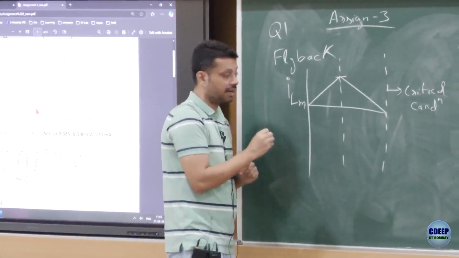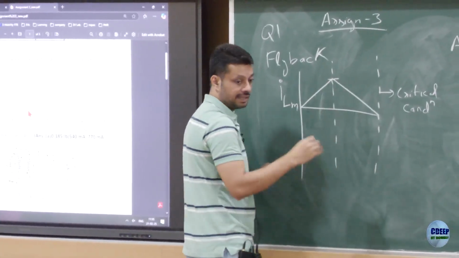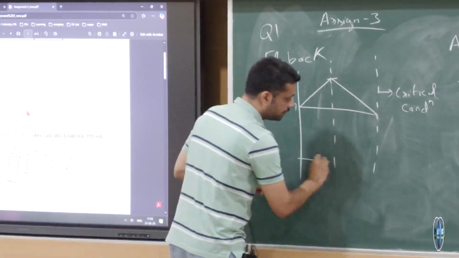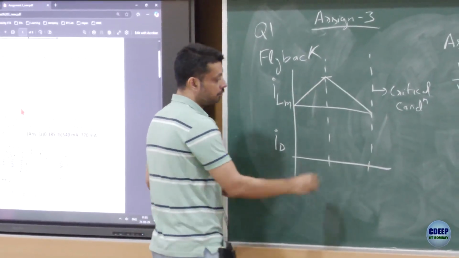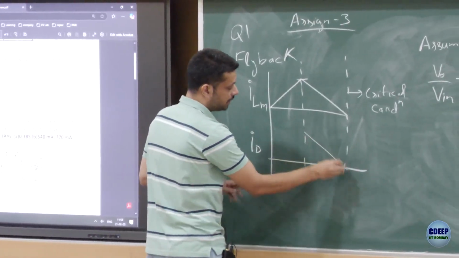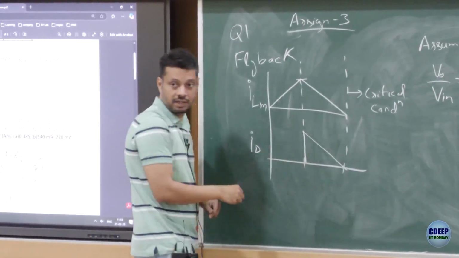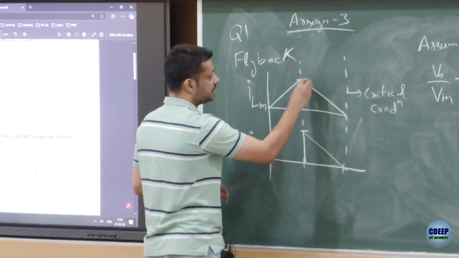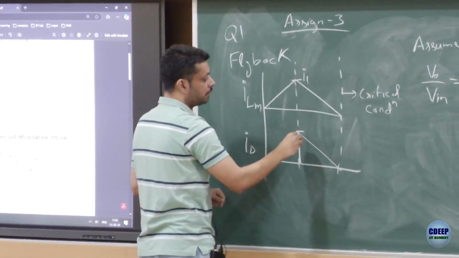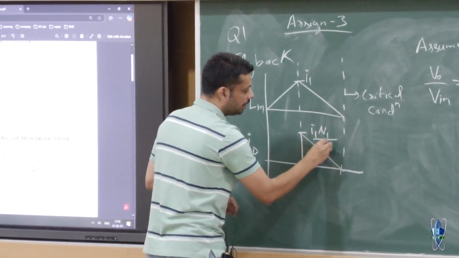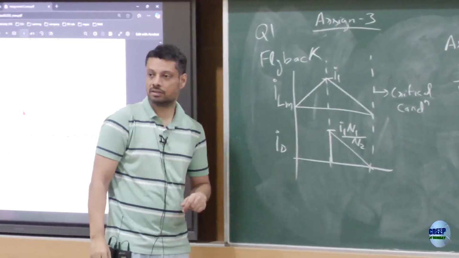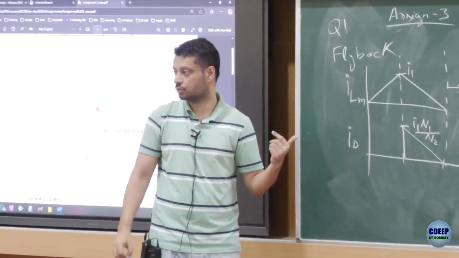If you know the peak current, the diode current of the flyback circuit would be this one, right? With this peak value, if this is I1, the peak value is I1 times N1 by N2, because of the turns ratio.